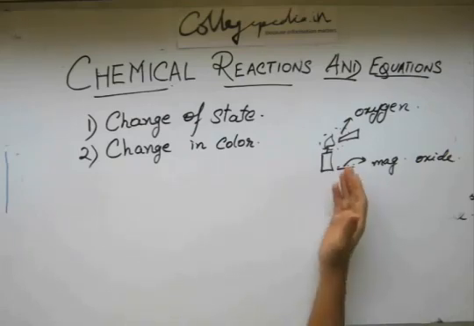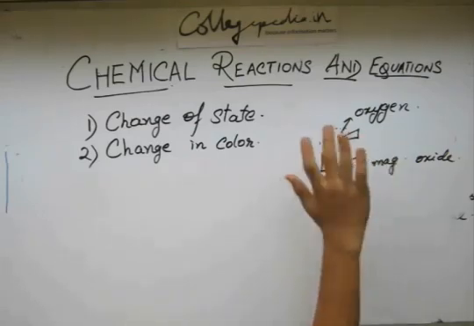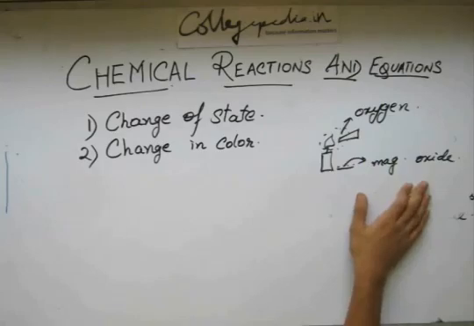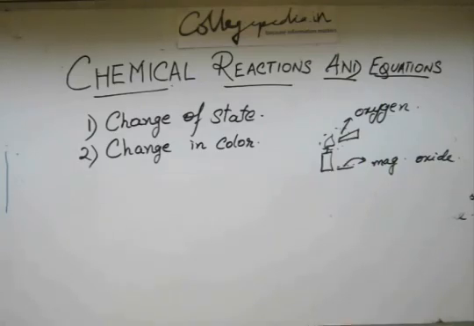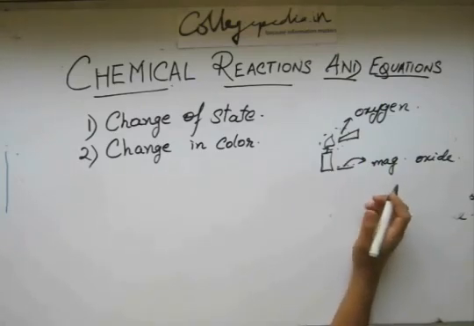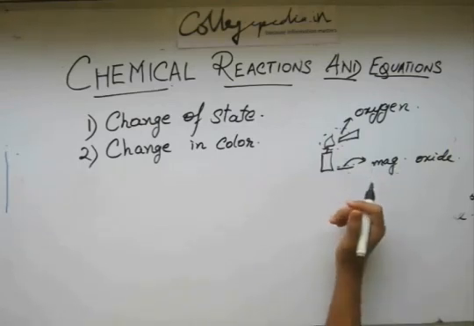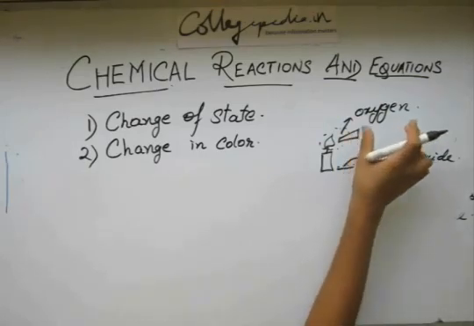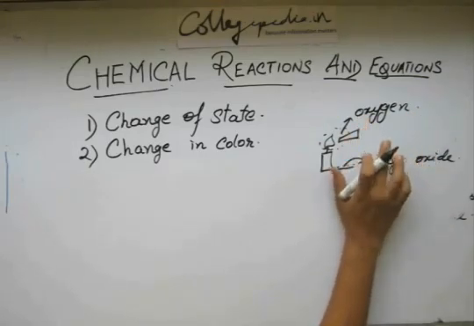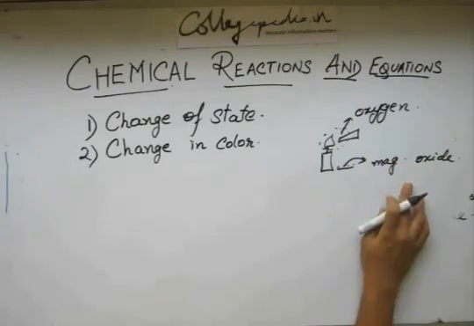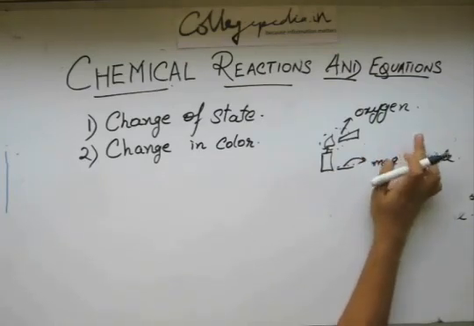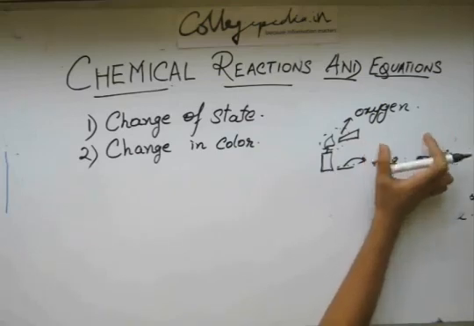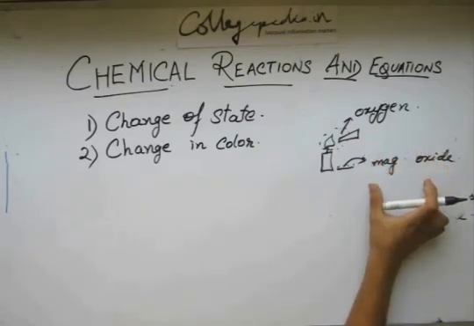So this is a reaction between magnesium and oxygen to get magnesium oxide. So they might ask you this question: what happens when you burn a magnesium wire? So you have to say that due to the burning, it reacts with oxygen and forms magnesium oxide, and the silver color of the magnesium changes to the blackish grey color of magnesium oxide.